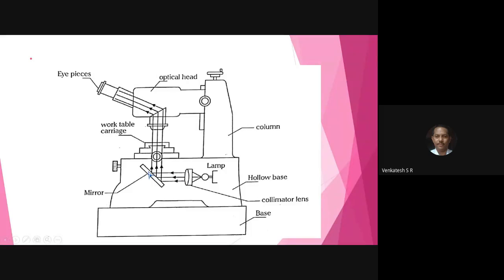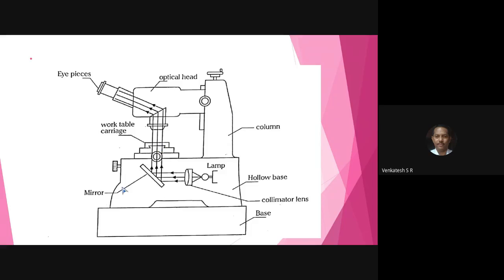The mirror is placed at 45 degrees so that all the rays pass through the table of the tool maker's microscope. Then place the bolt with the V thread of 60 degrees on the table, and the table is a transparent one made of glass sheet.